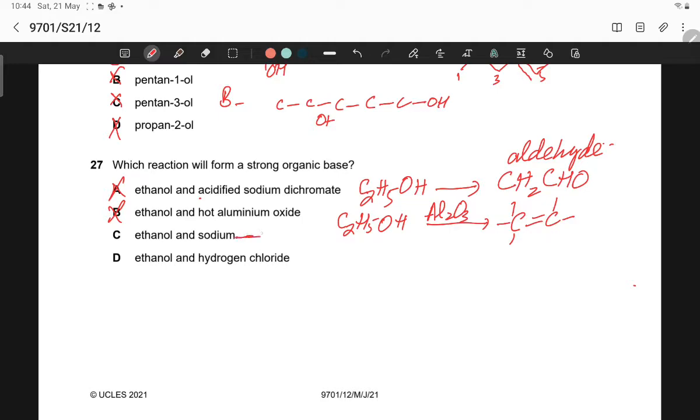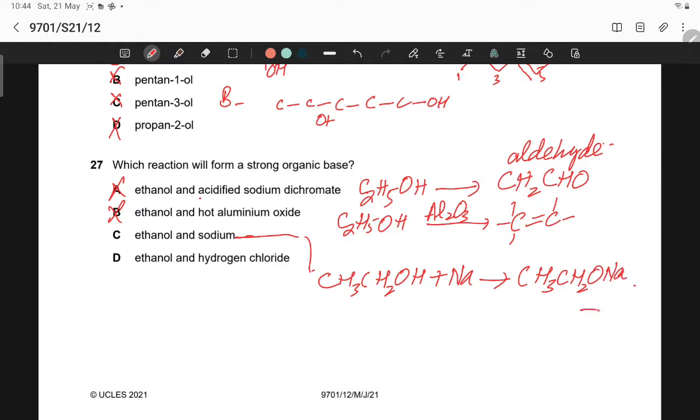Ethanol and sodium metal. CH3CH2OH plus sodium forms CH3CH2ONa plus H2 gas.